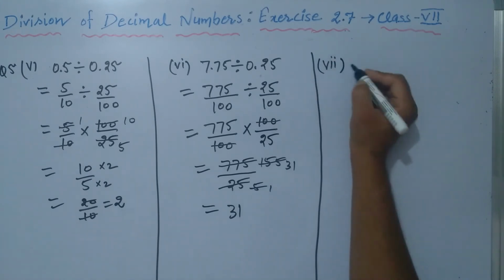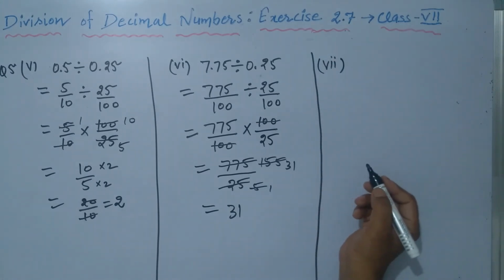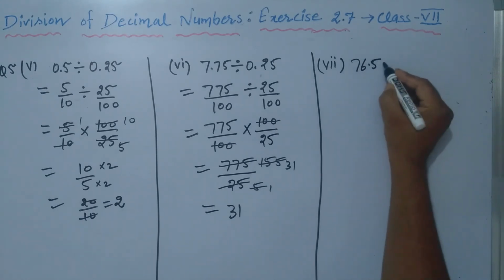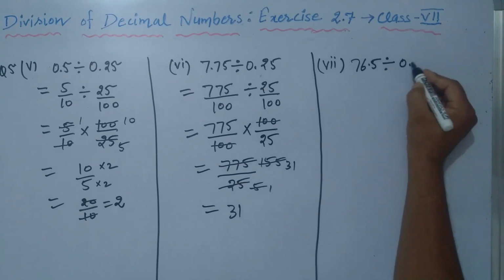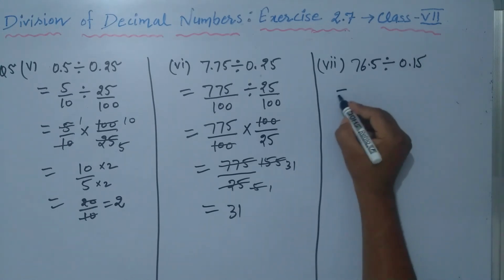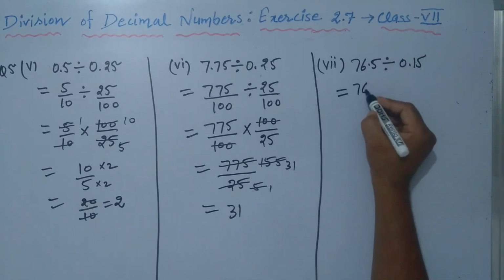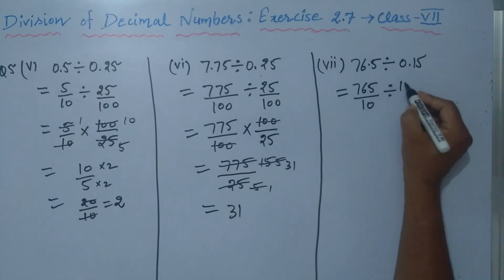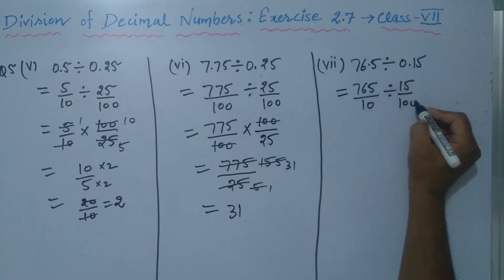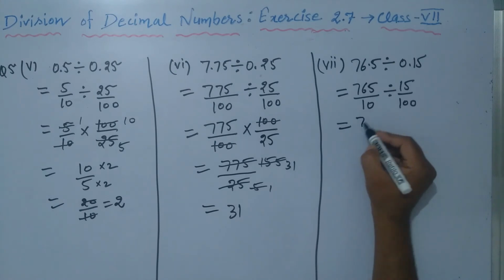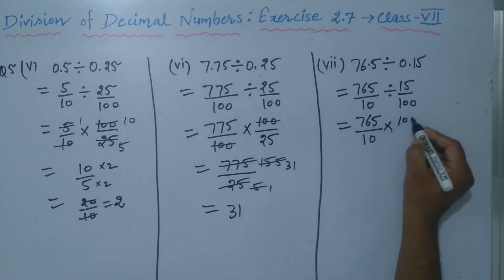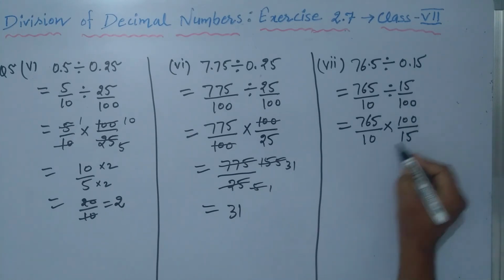Seventh part, we have 76.5 divide 0.15, this is equal to 765 divide 10 divide 15 upon 100 equal to 765 divide 10 into 100 divide 15.